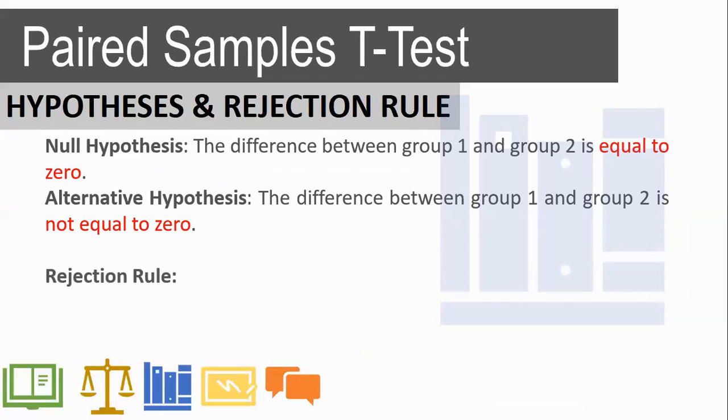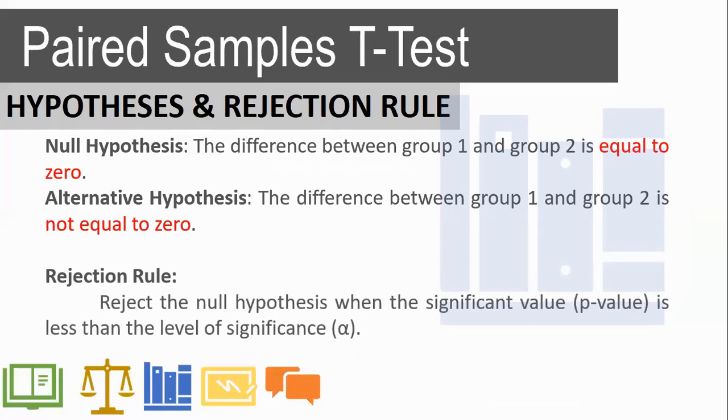And for the rejection rule, we can reject the null hypothesis when the significant value or the p-value is less than the level of significance or alpha. So one can say that a certain intervention or treatment is effective if the p-value of the paired samples t-test is less than the alpha.